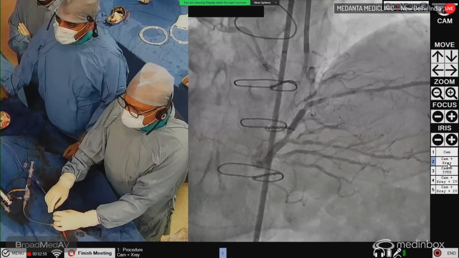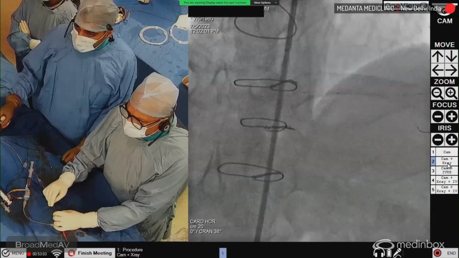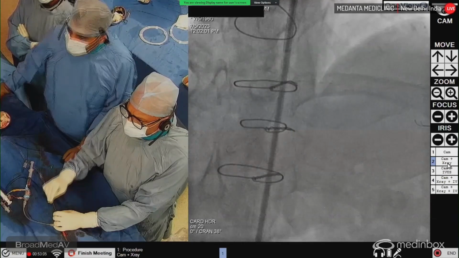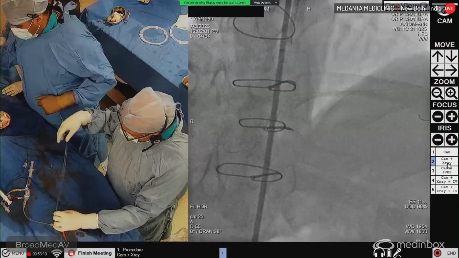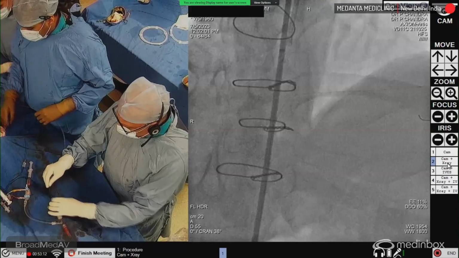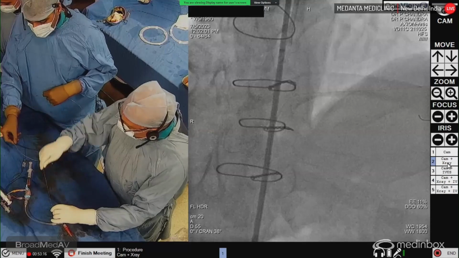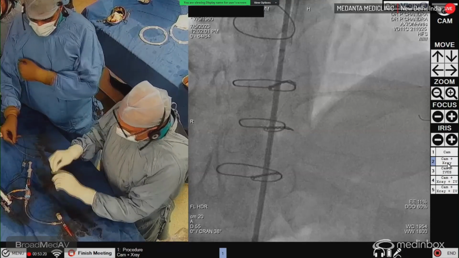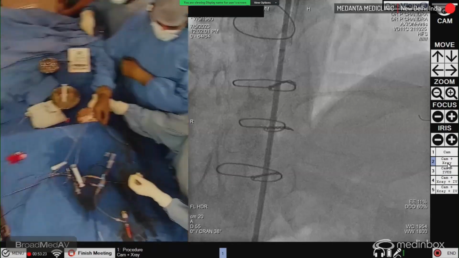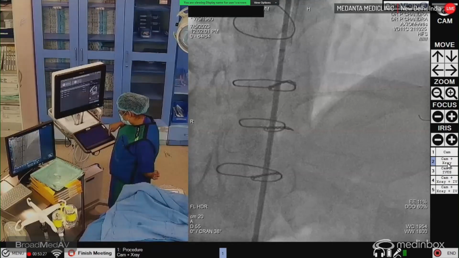Yeah. So you can see that it's a long diffuse disease, and we have to start from the bend. We can do an IVUS also if possible, because sometimes these vessels look small, but they are not so small. I'll try if we can take the IVUS catheter there. Stop, please. There can be some challenges in pushing this catheter, but we have already taken an extended lumen.